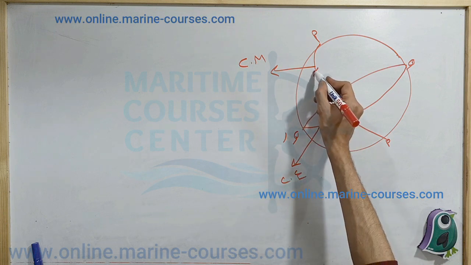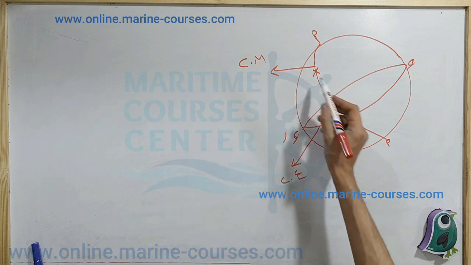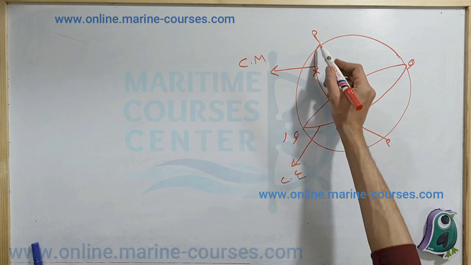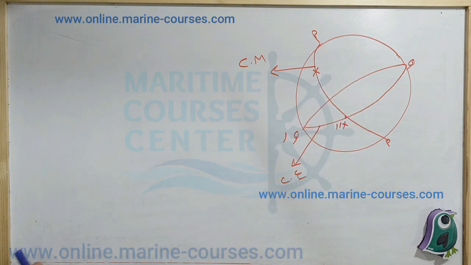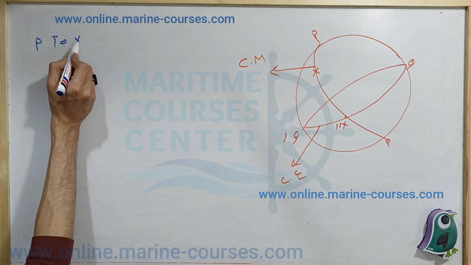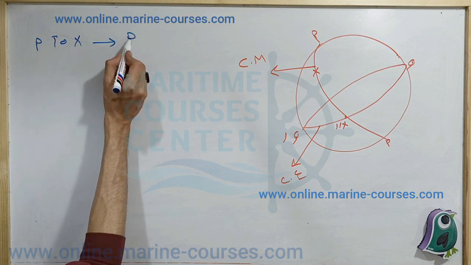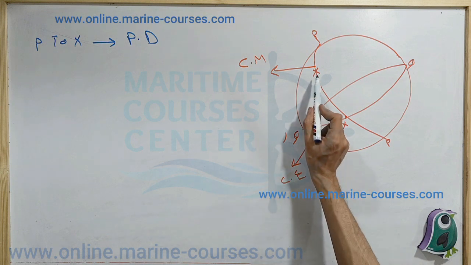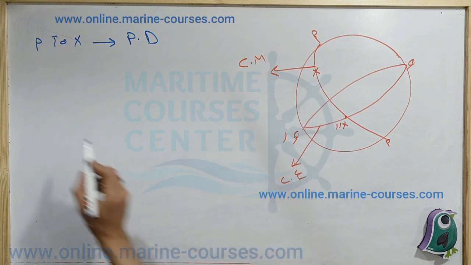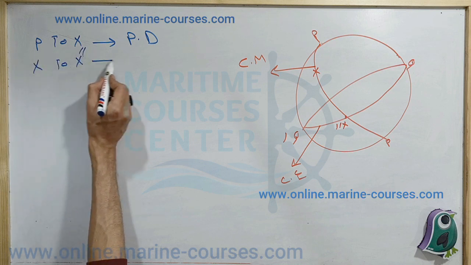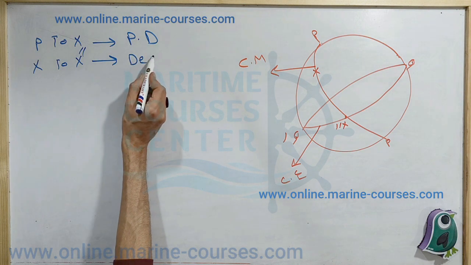And if we have a heavenly body here, so the intersection here, let's say X double dash, so from B to X to the heavenly body, that means from B to X, that means polar distance, fine, okay. And from X to X dash, from X to X double dash, that means declination, okay.